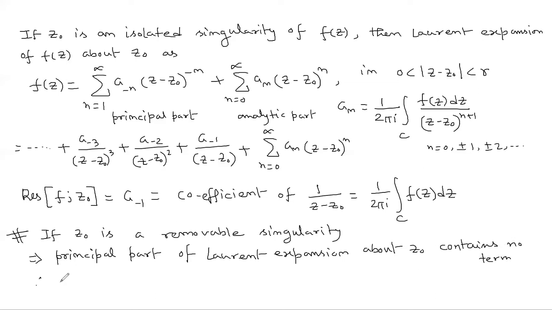So the coefficient of 1 by (z minus z0) is 0 because the principal part contains no term. So whenever z0 is a removable singularity, the residue is always 0.